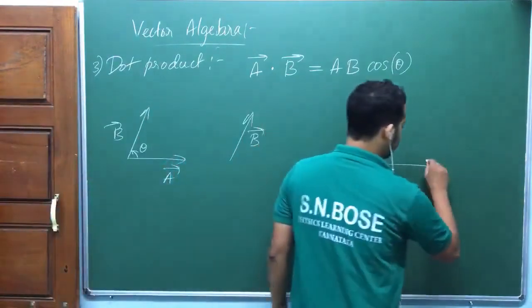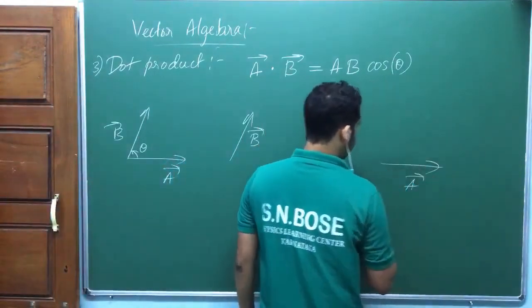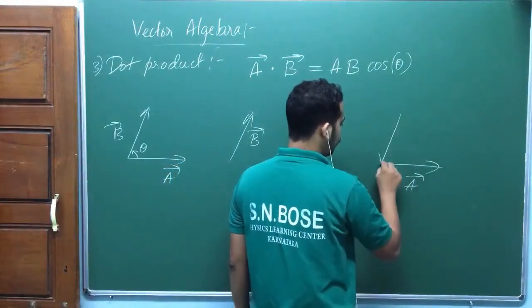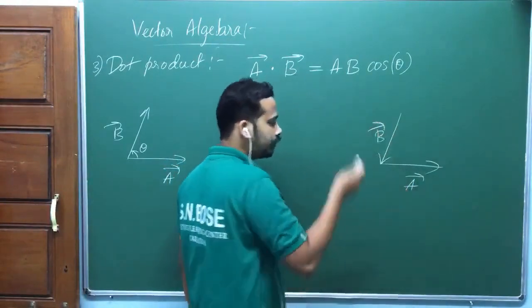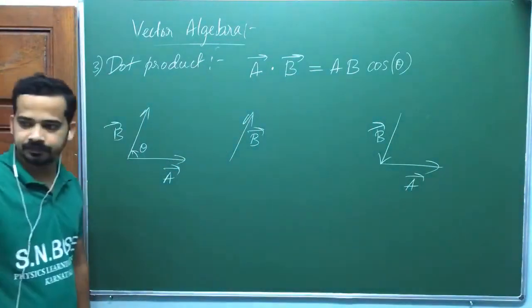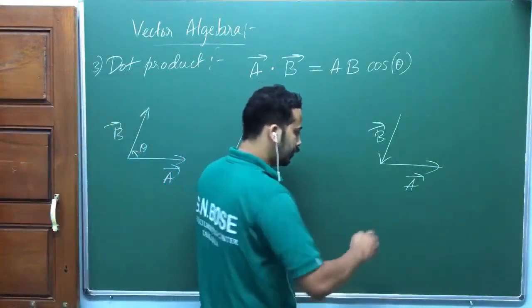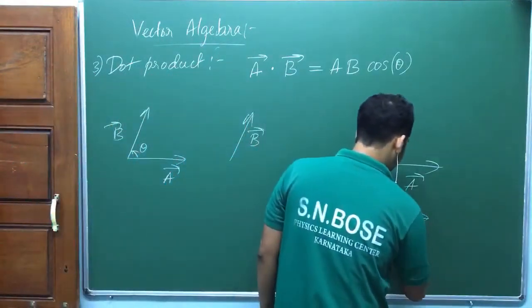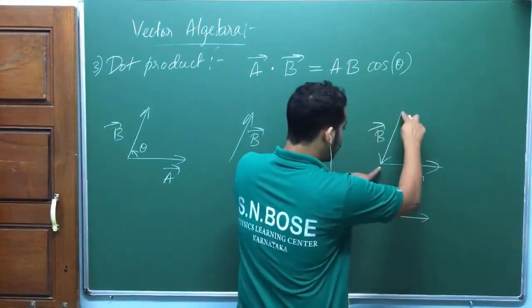Suppose you have a vector A, and you have vector B. How do you define angle theta between A and B? Speak out. You have to redraw this one. You have to write A, and take this vector like this.